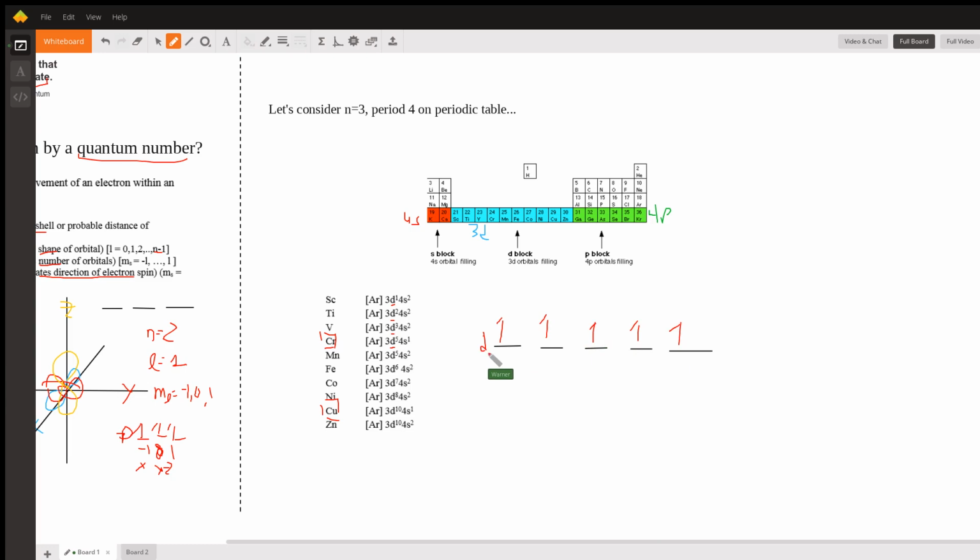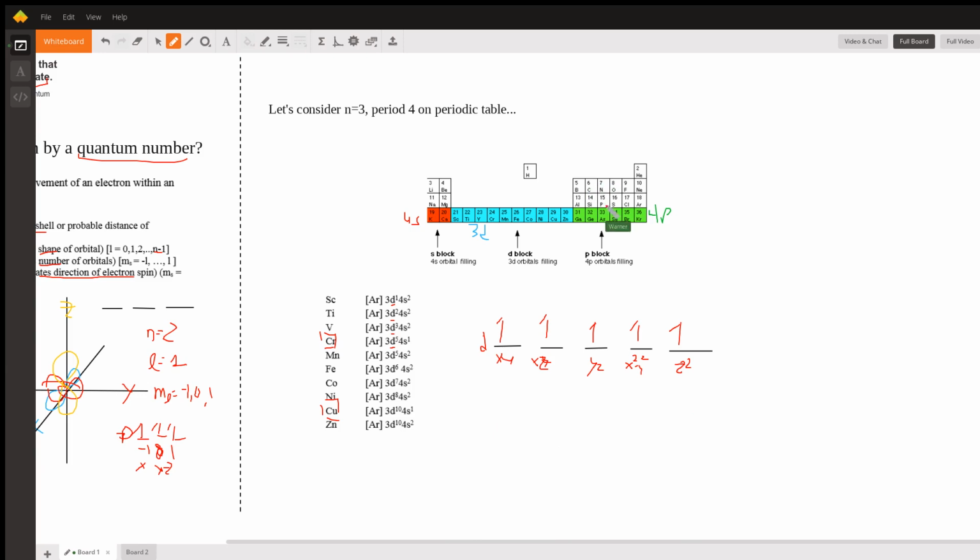So let's say this is d. It's going to be xy, xz and yz, x2 minus y2, and z squared.